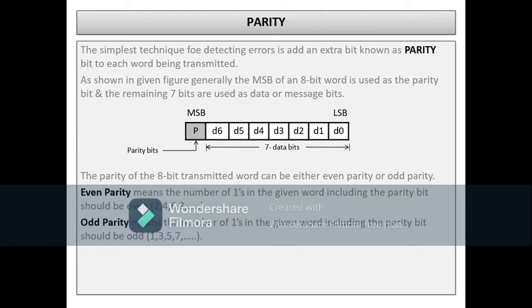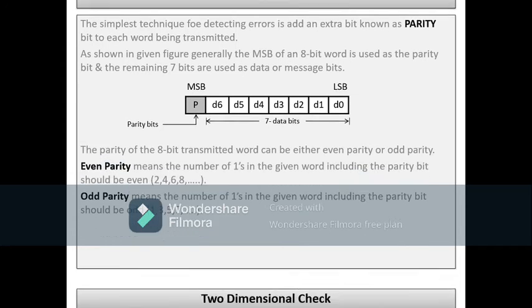The parity of the 8-bit transmitted word can be either even parity or odd parity. Even parity means the number of ones in the given word, including the parity bit, should be even: 2, 4, 6, 8. Odd parity means the number of ones in the given word, including the parity bit, should be odd: 1, 3, 5, 7.